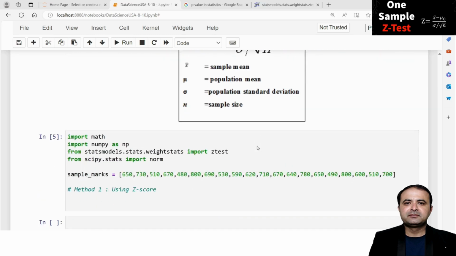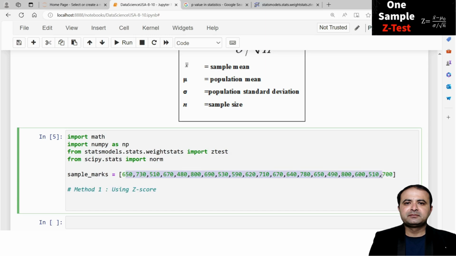So I have imported some predefined libraries like math, numpy, statsmodels, and scipy. Firstly, it is just the sample marks. Now I want to calculate some values.